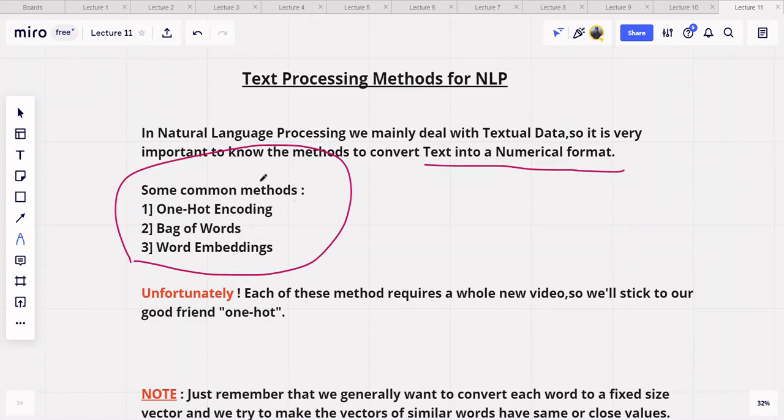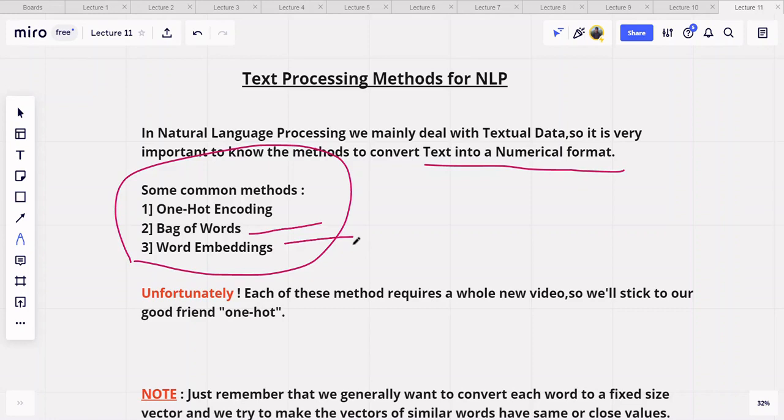Unfortunately, each of them requires its own separate video, because unlike other deep learning models like multi-layer perceptron or convolutional neural network, recurrent neural networks need a lot of pre-processing. Even though recurrent neural networks are very easy in terms of their architecture, the pre-processing needed in order to train a model is very huge.